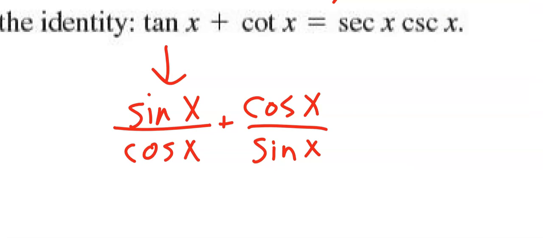Those are definitely not the same denominators, so I can't add these fractions until I do what? Get a common denominator, right? So, what do I have to multiply the first fraction by? Sine x, right?